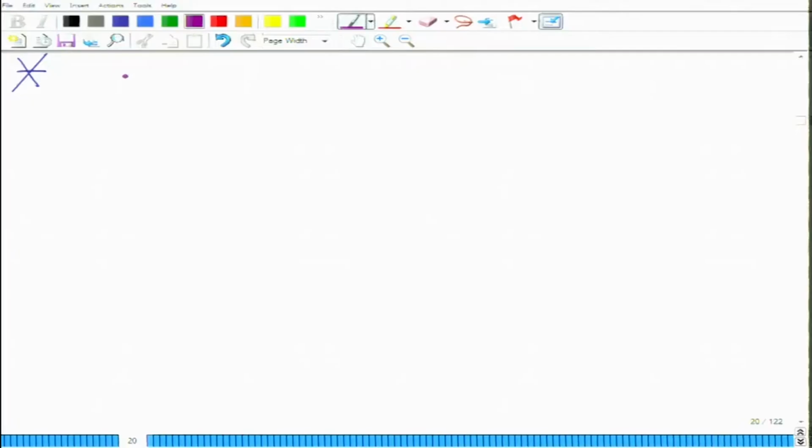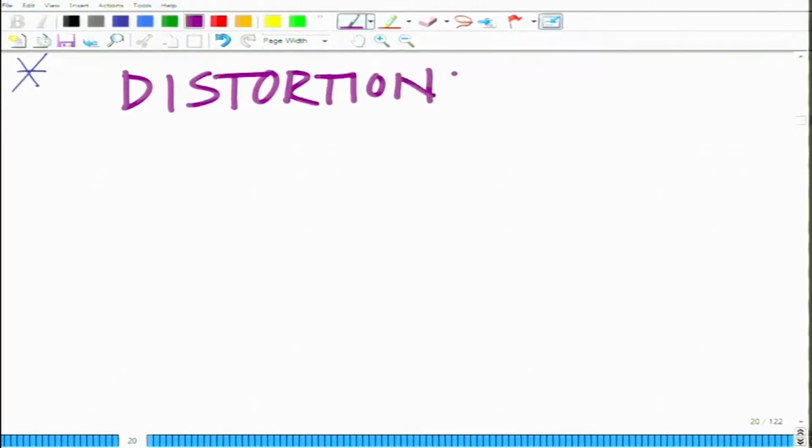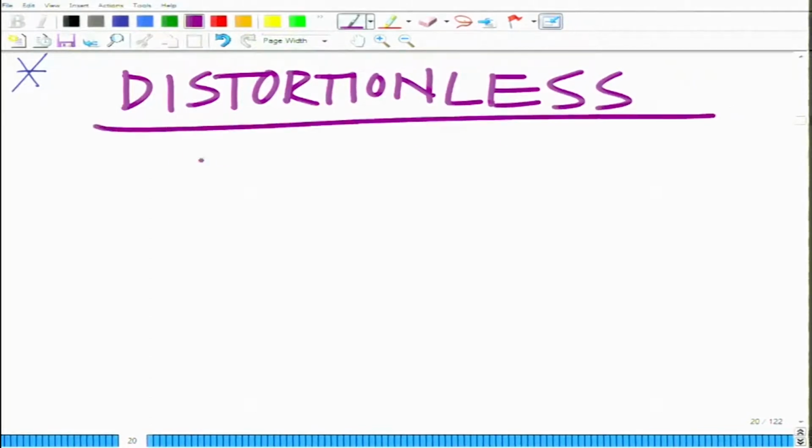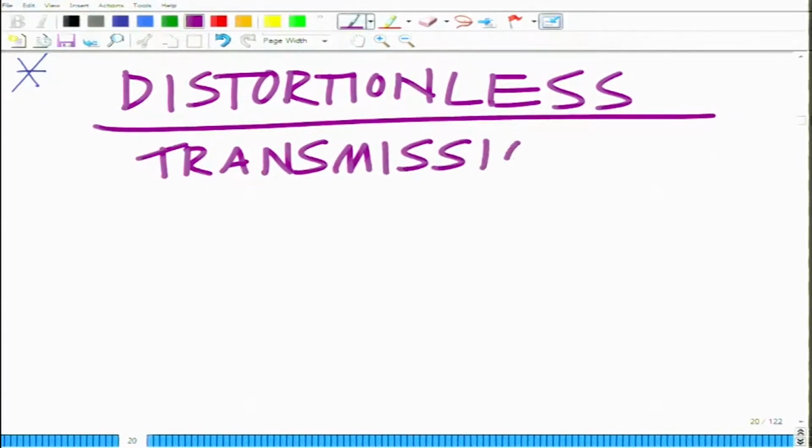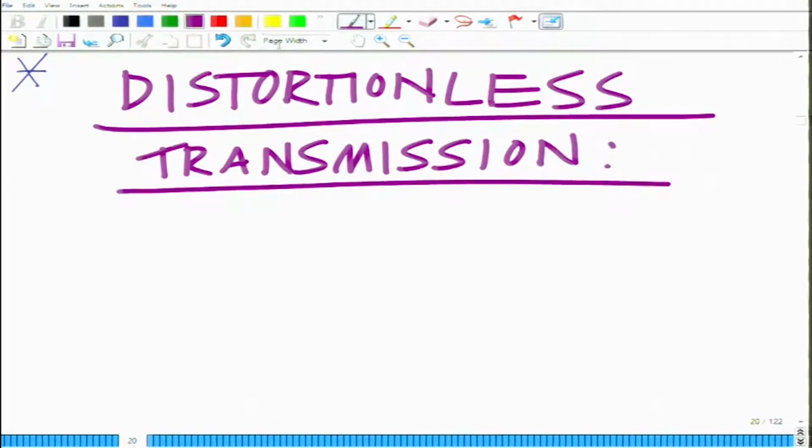Okay. So, what we want to look at today is the notion of distortionless transmission through an LTI system.